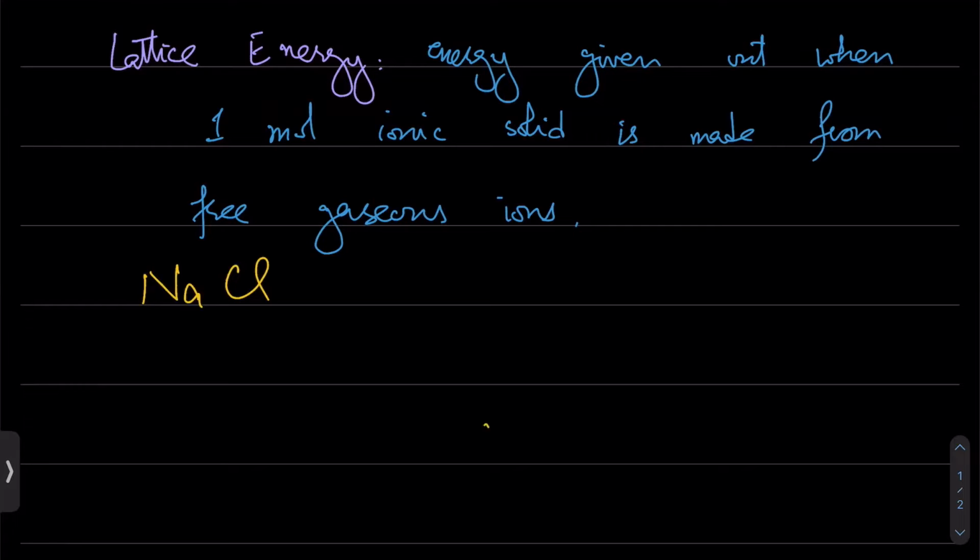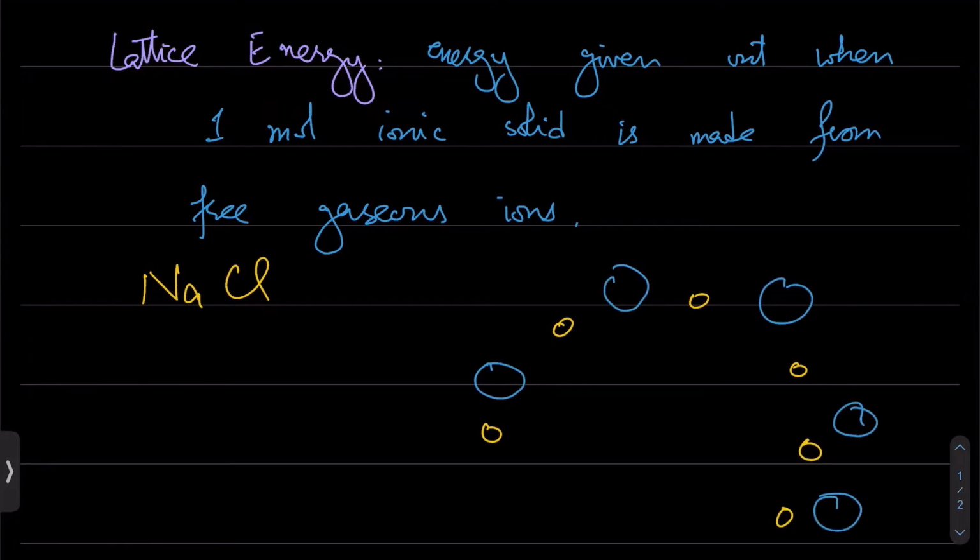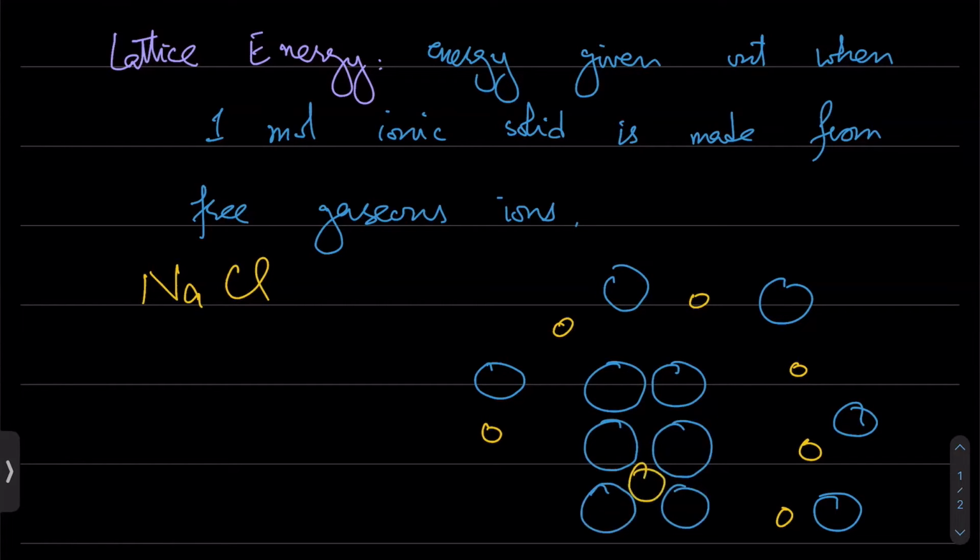So let's say I have sodium ions, they're the yellow ones, and I have chloride ions. And now they're all going to come close together and they're going to form this lattice, okay? And in the lattice, you're going to have sodium ions surrounded by chloride ions. Of course, that's not exactly how they're formed, but they basically come close together and they form this.